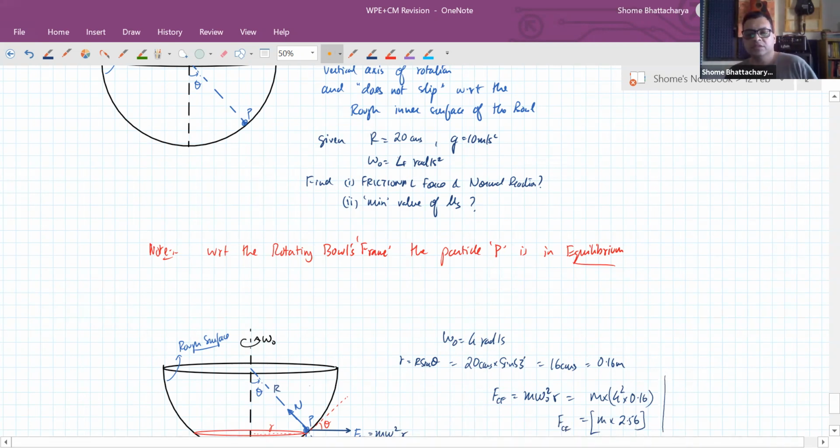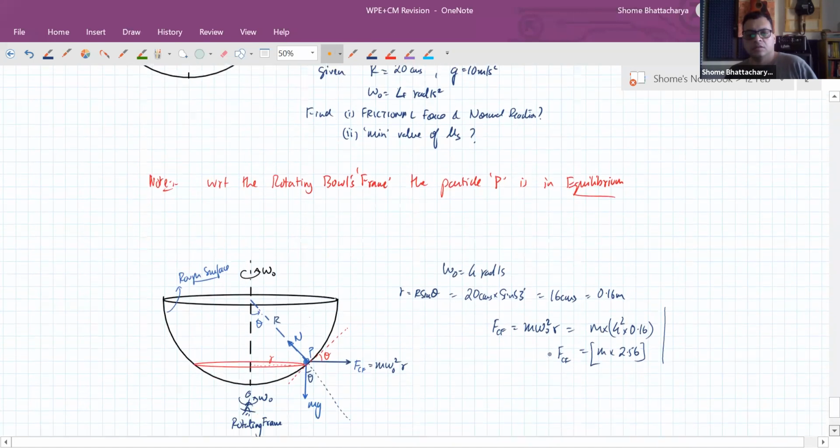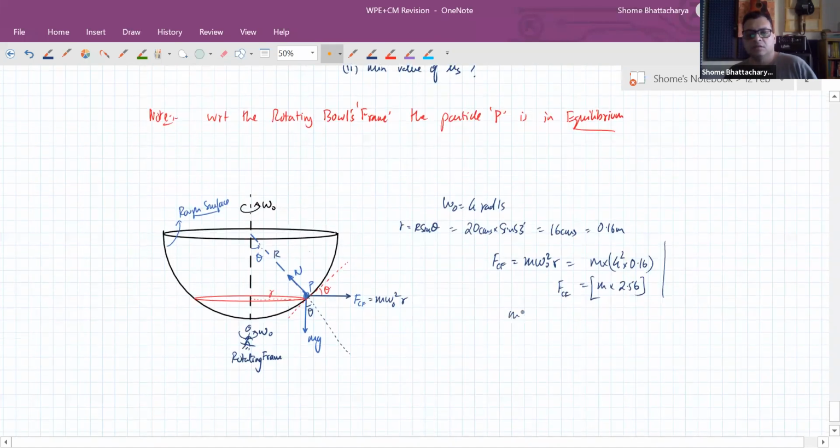So you can obviously see that mg is m into 10. Okay. So you can definitely see that mg's sine theta component is much larger than the centrifugal force's cos theta component. So this is only 2.56 times m and this is 10 m.